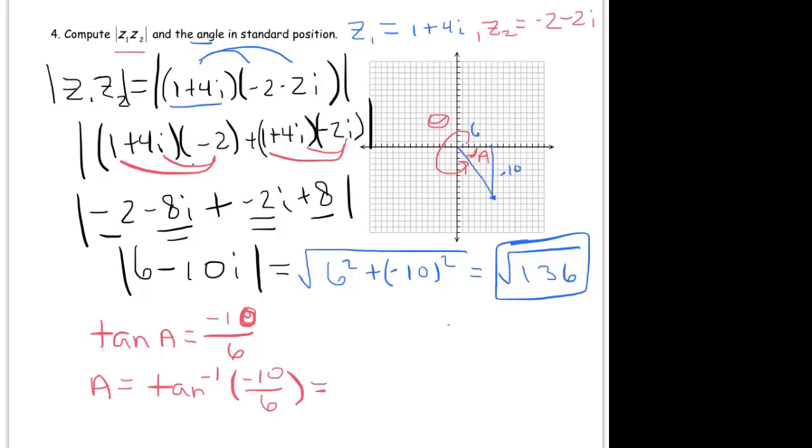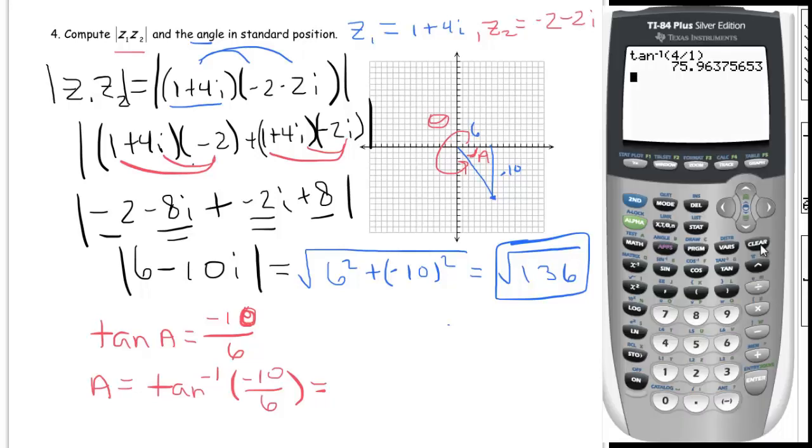Which when you put in your calculator, you get negative 59.04 degrees.